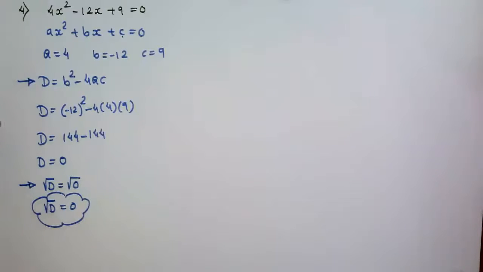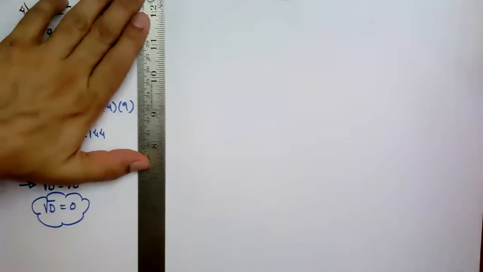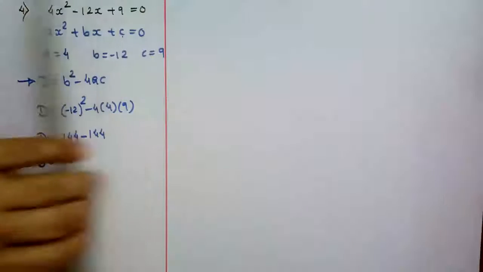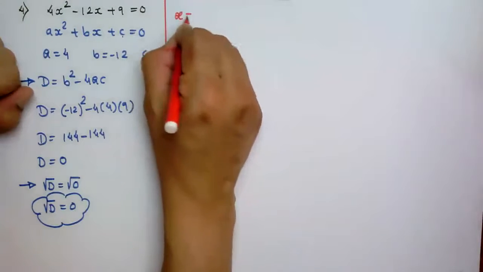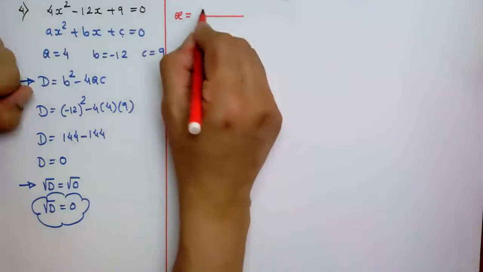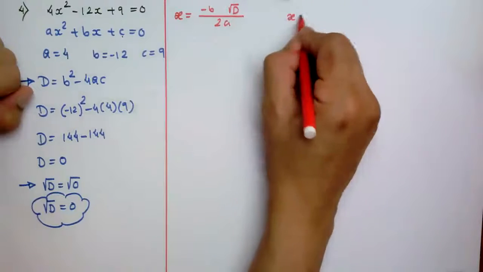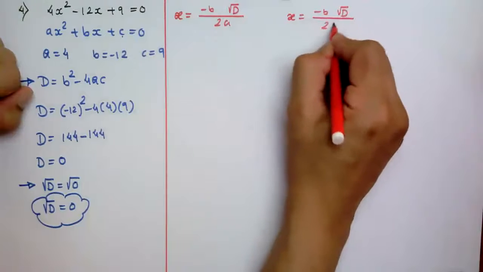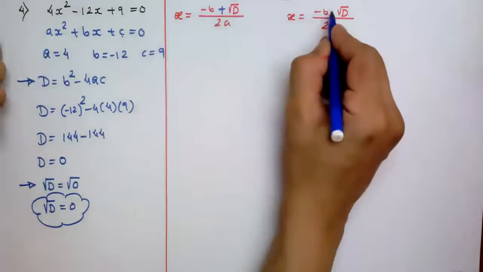Okay. Now the formula. I repeat again and for the last time that this formula will not be there in the formula set. You have to remember it. X is equal to minus b plus root d by 2a, and x is equal to minus b minus root d by 2a, and the only difference between the two formulas is plus and minus.